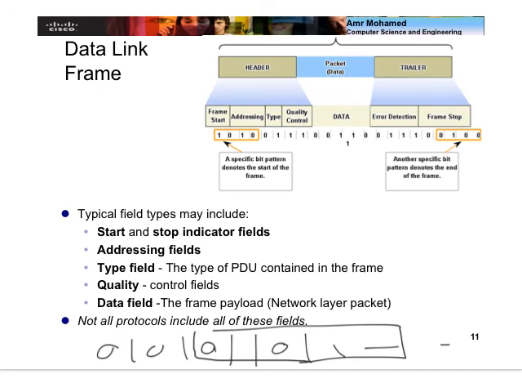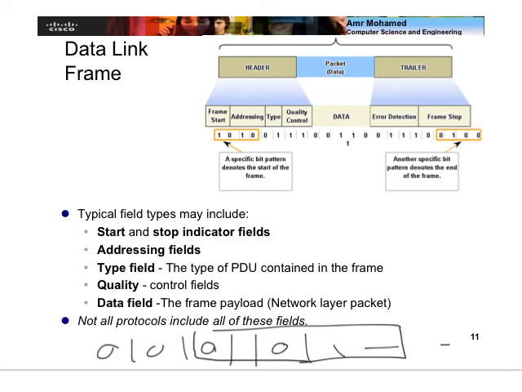It could be X, could be Y, whatever. So I need to have a stop frame as well to tell me that this is the end of that frame. And then, and only then, I can read this frame, extract the header and trailer, and start processing the packet.